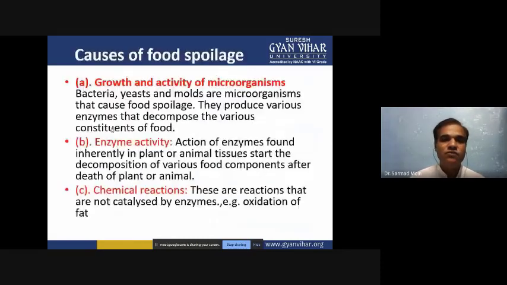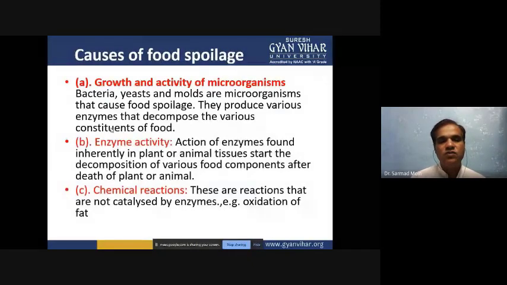Now, why is food spoiled? What is the reason for food spoilage? The first one is the growth and activity of microorganisms, because bacteria, fungi and protozoa are all growing inside the food, and they are the main reason the food is spoiled.